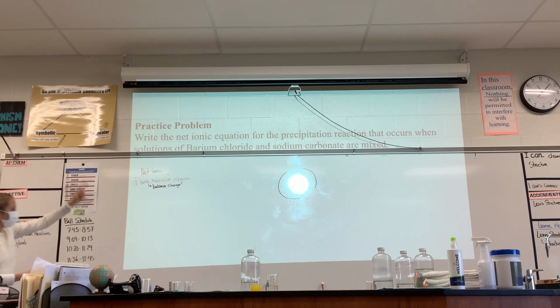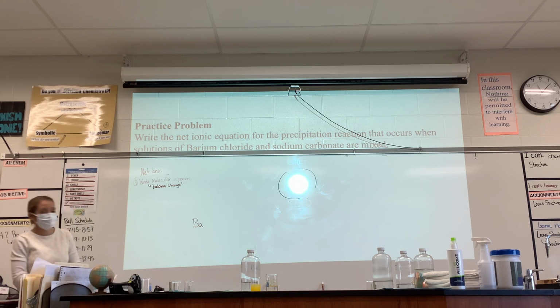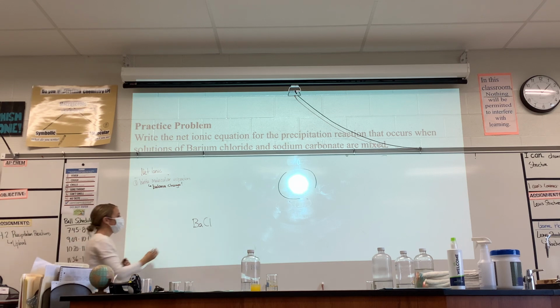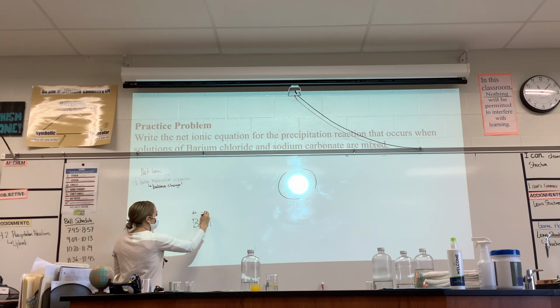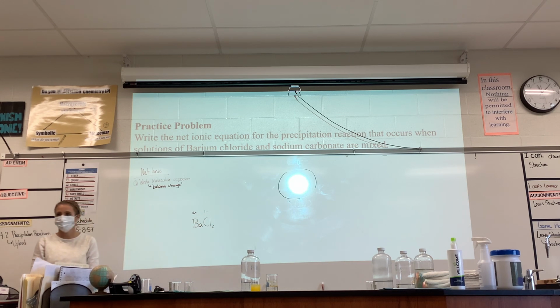So, barium is Ba, chloride is Cl. Barium has a charge of 2 plus. Chlorine has a charge of 1 minus. So when they balance, it should be BaCl2.